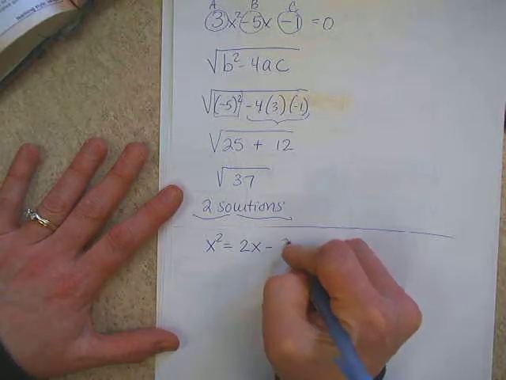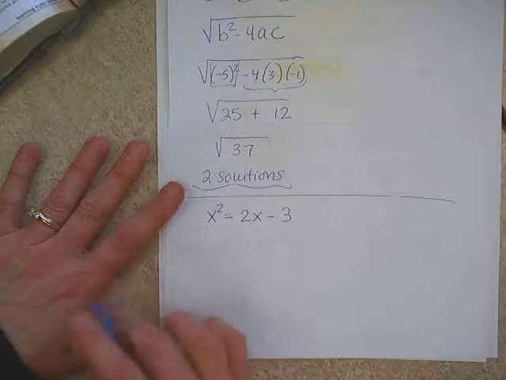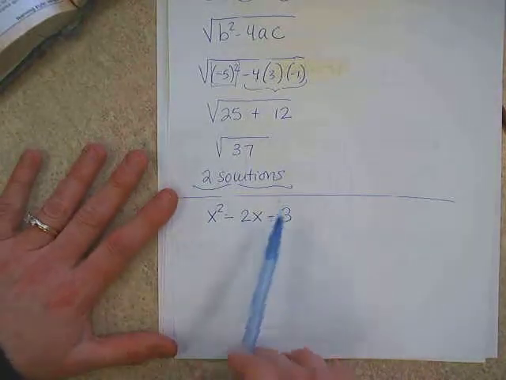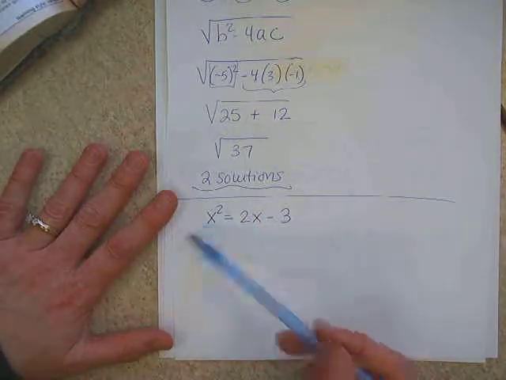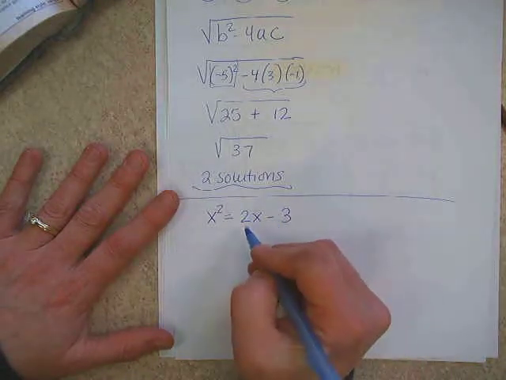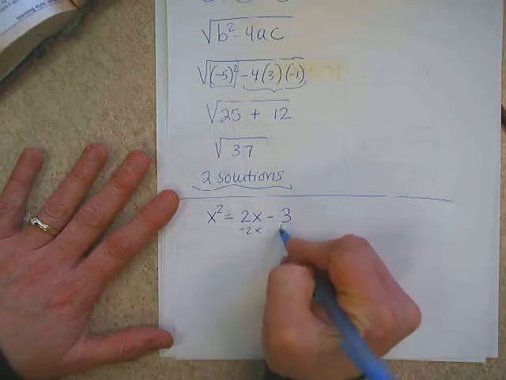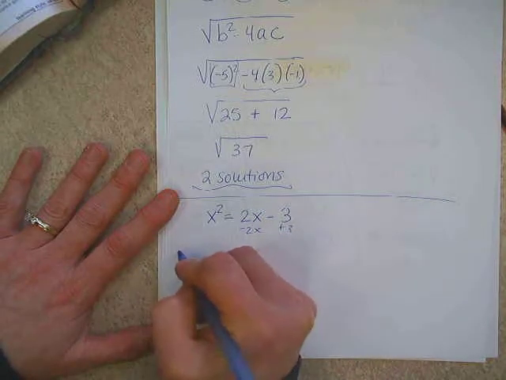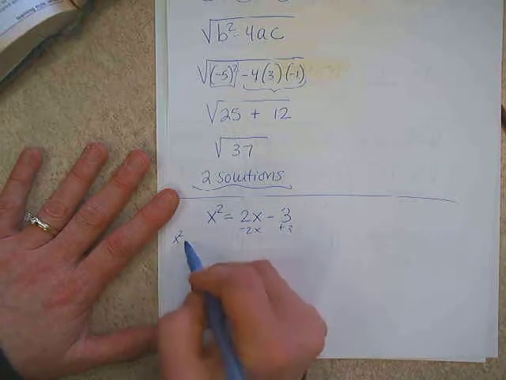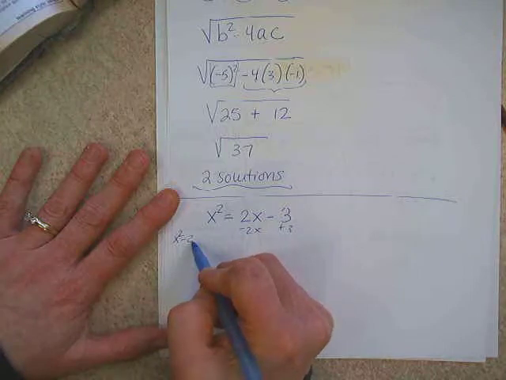Looking at another example, we find that all of our terms are not always on the correct side. So the first thing you need to do is get everything on the same side equal to 0. So we're going to subtract 2x and add 3 to both sides.